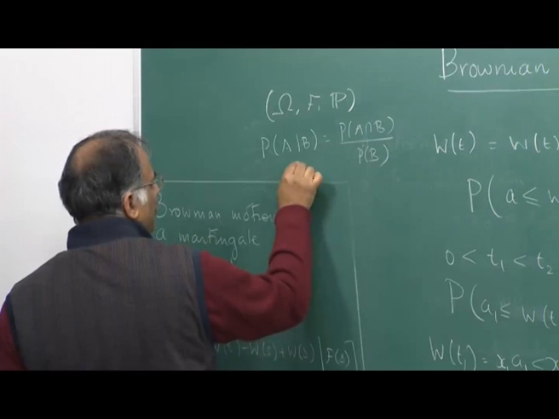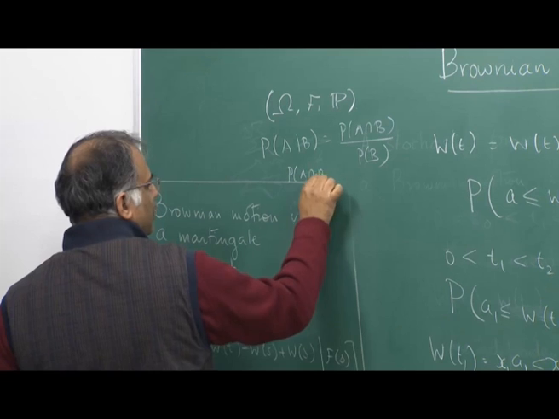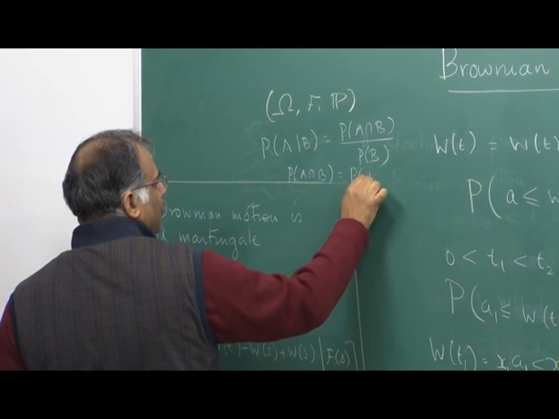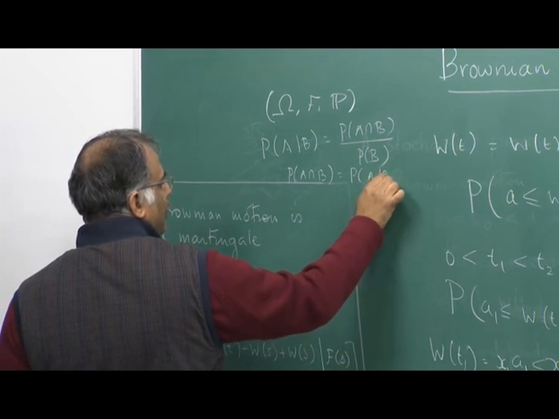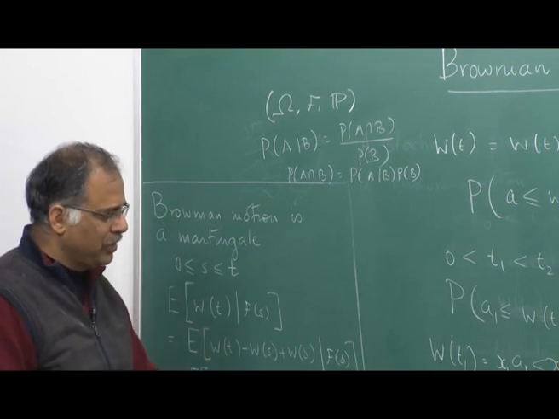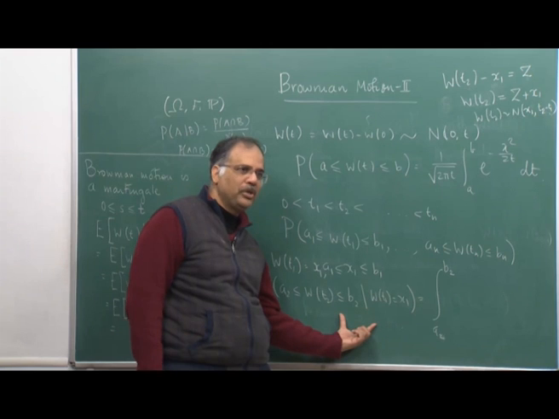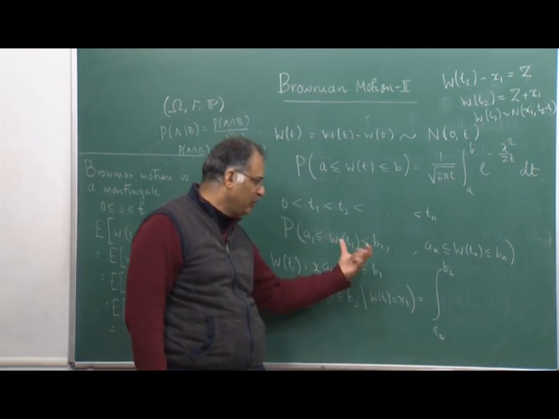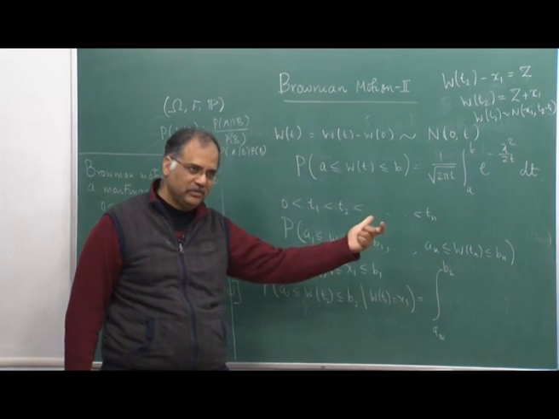So we can always write probability of A intersection B is probability of A given B into probability of B, that is exactly what we are going to do here. So first we are computing the conditional expectation, and then using this we will write the joint probability.